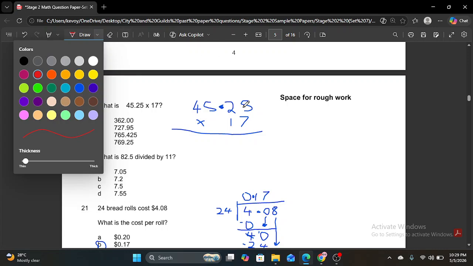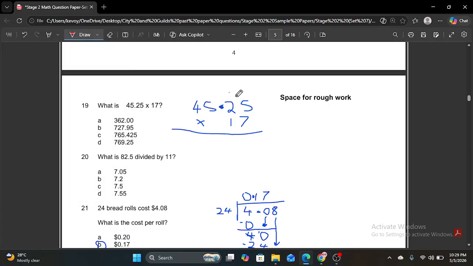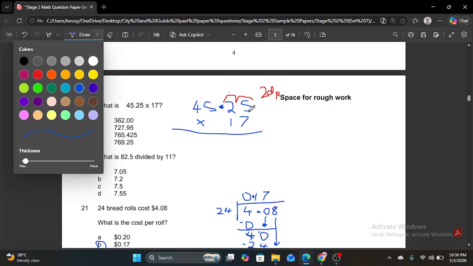For those wondering how you know you have 2 decimal places, after the decimal point there are 2 numbers, so that's 2 decimal places. So our answer is gonna be written in 2 decimal places. So yeah, let's quickly multiply now, and then move on from there.